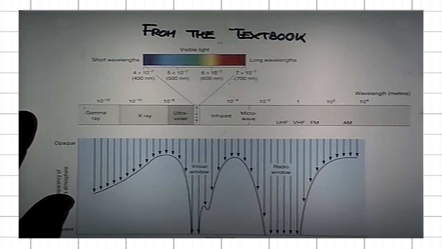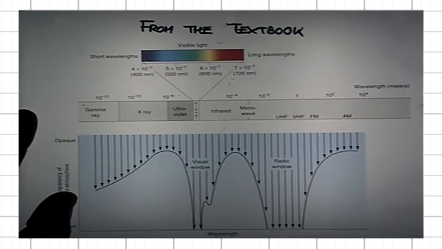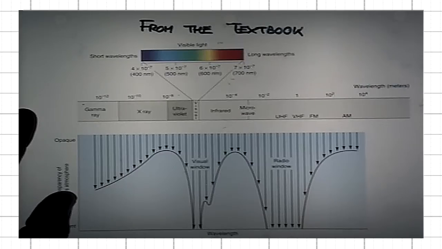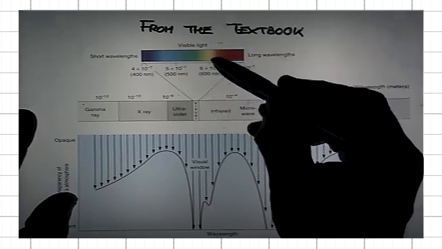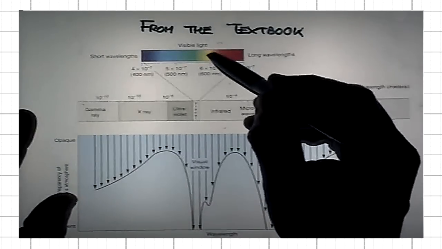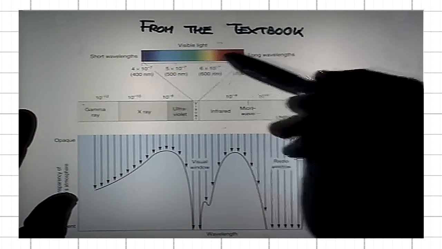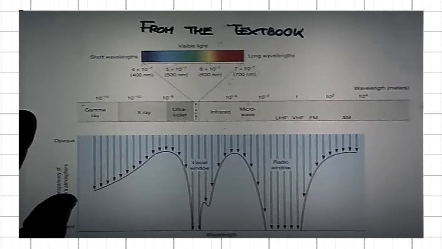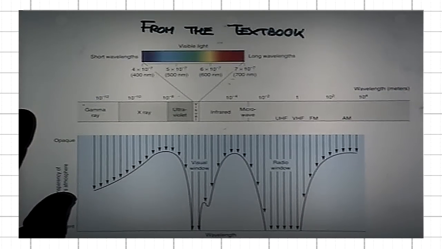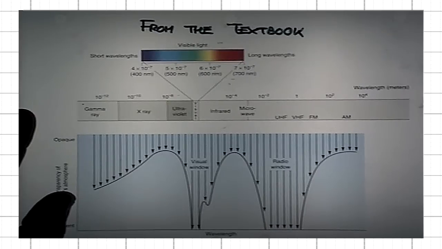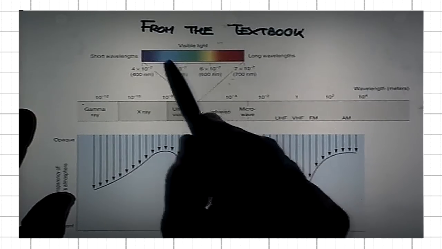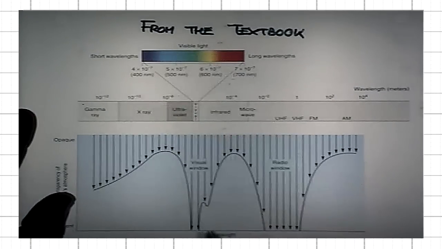Okay? So we as a species evolved next to a light source that emits most of its energy at these particular wavelengths, around 6 times 10 to the minus 7 meters. So it was natural that our eyes evolved so that they became sensitive only to those wavelengths where the sun emits most of the energy.